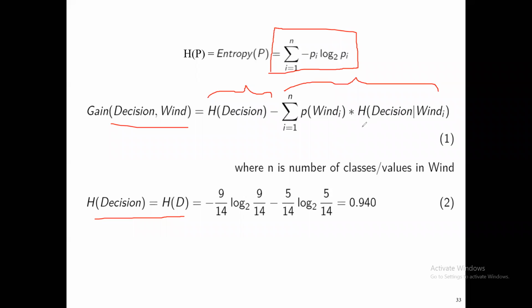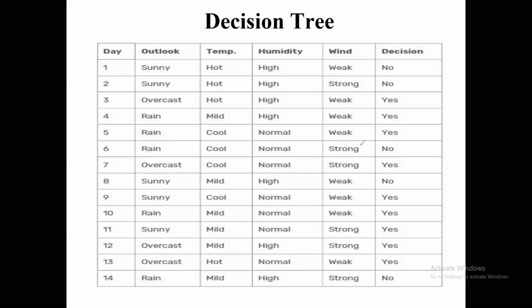In order to do that, we'll just have to count the probability of each type of value in the decision column. We can see in the decision column that there are only 2 types of values, no and yes. So we count each of those values. We can see that there are 5 no values and therefore 9 yes values.